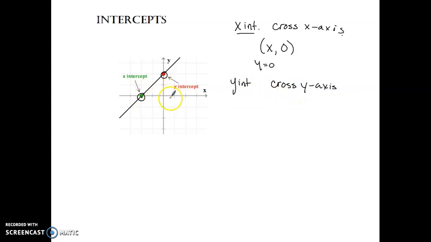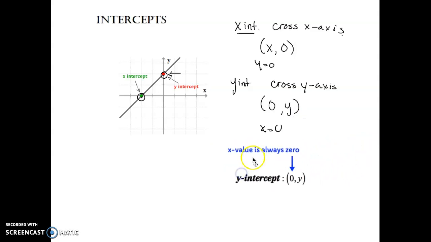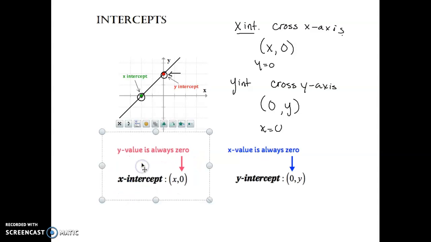For your y-intercept, when you cross the y-axis, your x is going to equal 0, because you haven't moved left or right, and then you have some y value where you crossed. So the x value is always going to be 0 on your y-intercept, and when you have an x-intercept, the value of y is always going to be 0. These are important ideas when you're looking for where the line is going to cross the axis.